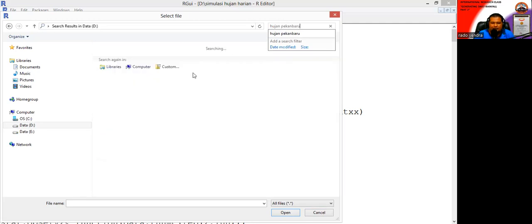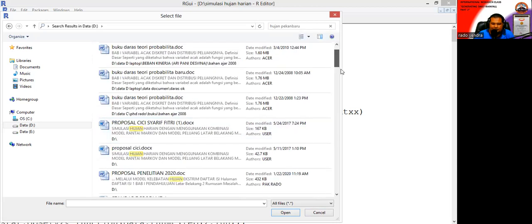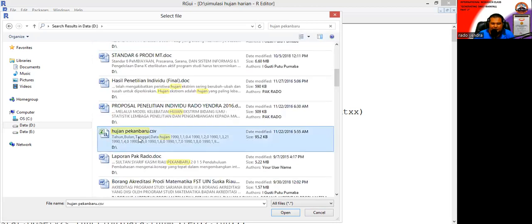This is our data. We check our data. Okay, this is our data, Hujan Pekanbaru. We open our data.